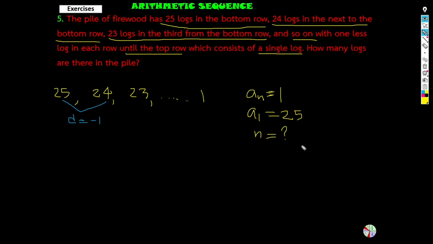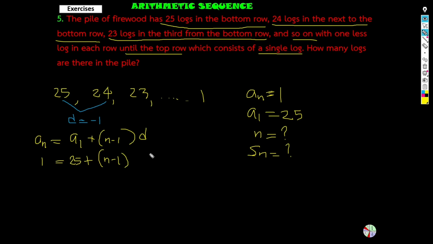So we need to find n first, and we also need to find S sub n, which is how many logs there are in the pile. Let's use the formula: a sub n is equal to a sub 1 plus n minus 1 times d. a sub n is equal to 1, which equals a sub 1, 25, plus n, which we don't know, minus 1 times the difference.